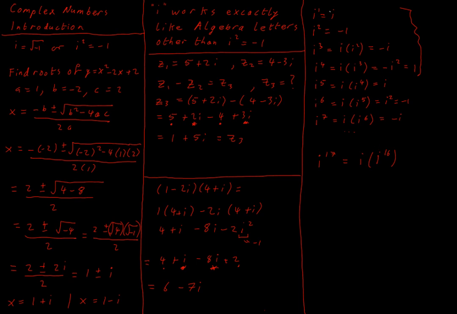So any power of i that is a multiple of 4 is going to be 1. So this business here is just 1. So find how many complete cycles of 4 you have gone through. All of the complete cycles of 4, regardless of how big they get, is just equal to 1. And then you're just looking for what i to the power of whatever is left over is, which in this case is just i.